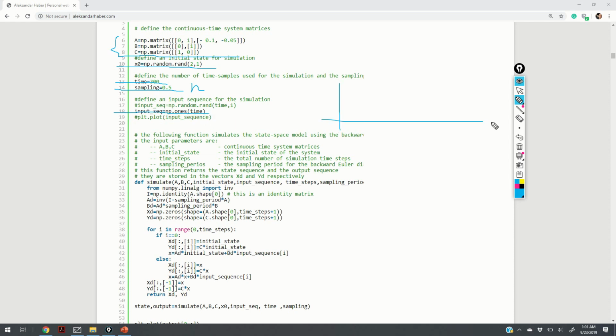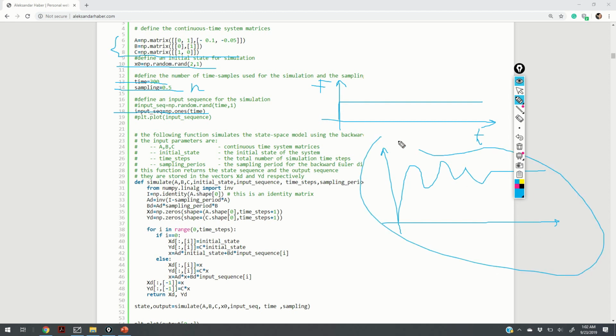In our case, the input sequence is nothing less than a step function. So we assume that the force behaves in time as just a step function, constant function, or Heaviside function. The corresponding response of the system is called the step response of the system, and it will have, as we have explained before, the form given on this figure.